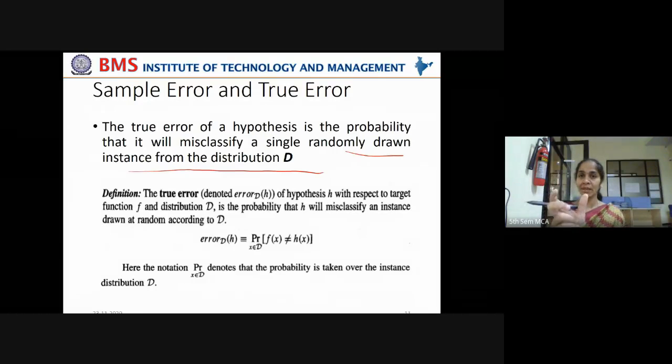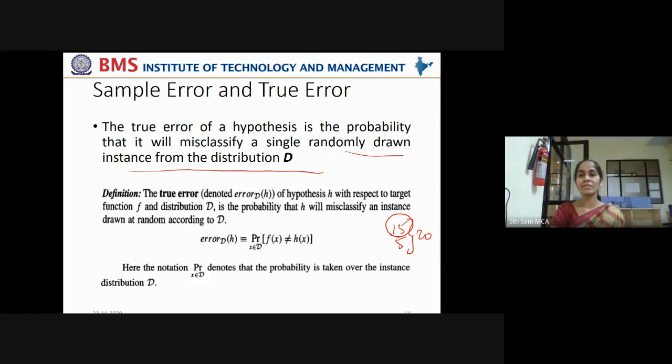If it misclassifies that, what is the error associated with it? Say you give 20 unseen data points to the machine learning model. Out of that, it makes only 15 correct predictions and 5 wrong predictions out of 20 new data points.